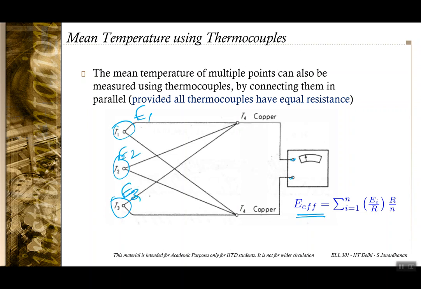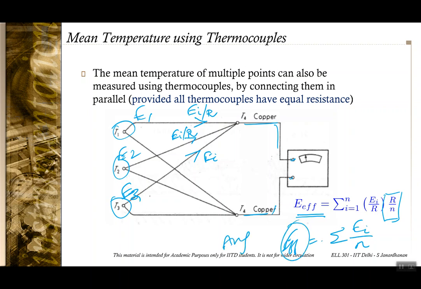That is because if the resistance is R, then the resistance of the entire parallel combination is going to be R by N, and in each of these parts, Ei by R is going to be the current. So this would give an EMF that is summation Ei by N, and this effective EMF is going to be indicative of the average temperature.